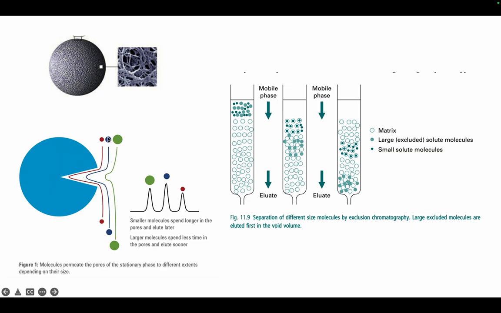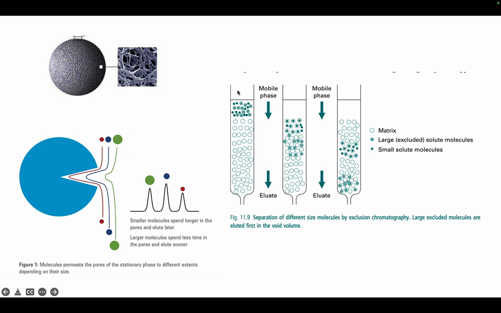Here the diameter of the molecule is bigger than the diameter of the pore, so it won't be able to travel as far as this brown molecule. And the green molecule can maybe barely enter the pore and then come out. So the distance traveled by this brown molecule, which has to go all the way inside the pore and come out, is going to be much more than the distance traveled by this green molecule.